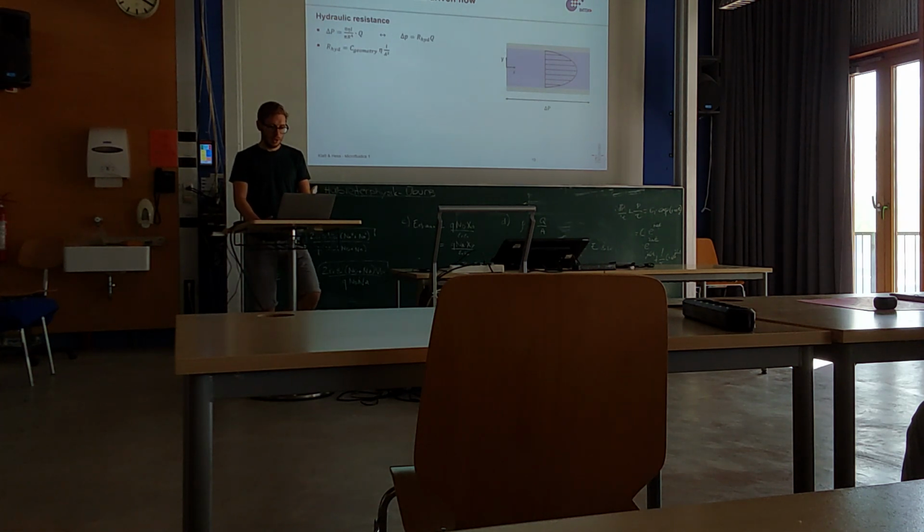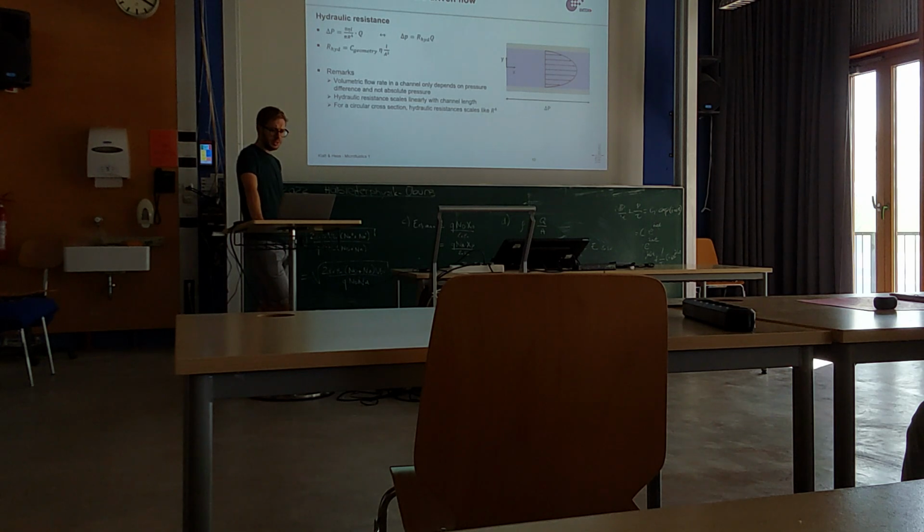remember this. And as you can see, what I would like you to take away is how the fluidic resistance relates to the individual components of this formula. So you can see that, for example, for a circular cross-section, the hydraulic resistance scales to the power of 4 with respect to the radius.